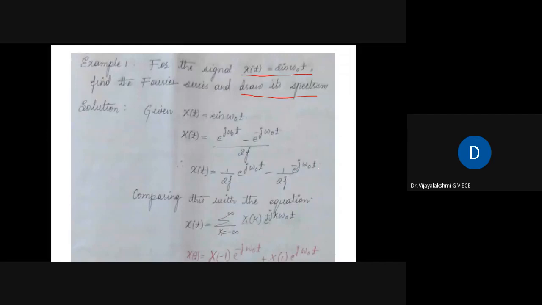Now let us find the Fourier series coefficients by comparing this equation with the synthesis equation of our Fourier series. We know that x of t is equal to the summation of k varying from minus infinity to plus infinity of x of k into e raised to j k omega naught t, where x of k is the Fourier series coefficient.